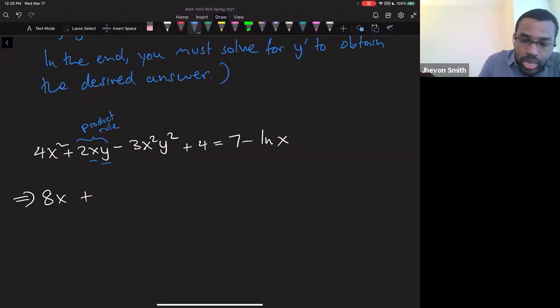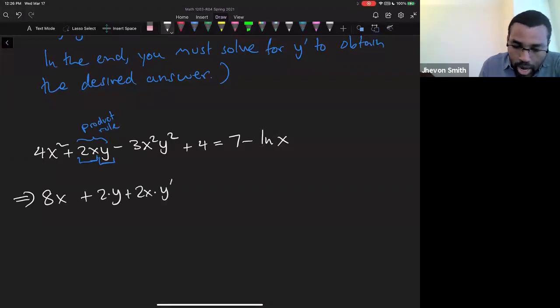What does the product rule say? Differentiate one function, leave the other, plus differentiate the second function, leave the first. So if I think of these two functions as 2x and y, product rule says differentiate the 2x, leave the y, plus leave the 2x, differentiate the y. Derivative of y is 1, but because I differentiate a y term, I multiply by y prime.